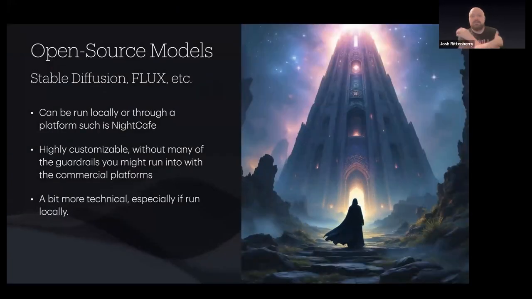Open source models. Not only can you go through these services to run their proprietary models, there are a ton of open source models you can use that are developed and trained by everybody. The most popular is Stable Diffusion and a spinoff of that called Flux.